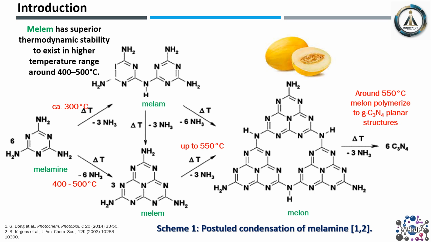So we could say that with the loss of ammonia, melamine as a substrate undergoes the polycondensation reaction, leading to the formation of the graphitic carbon nitride polymer through the melam that is created at circa 300 degrees, then melem, which is created between 400 and 500 degrees, or melon up to 550 degrees structures, and at approximately 550 degrees, melon polymerizes to form graphitic carbon nitride planar structures.